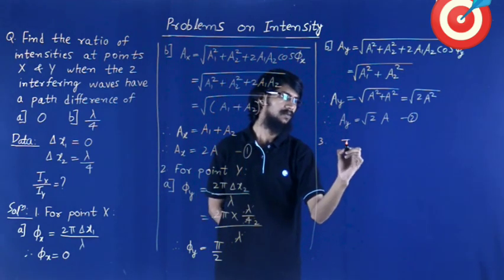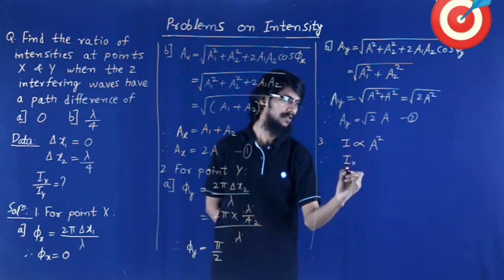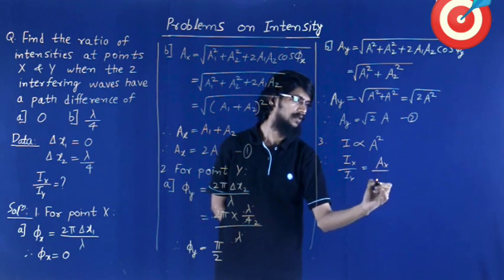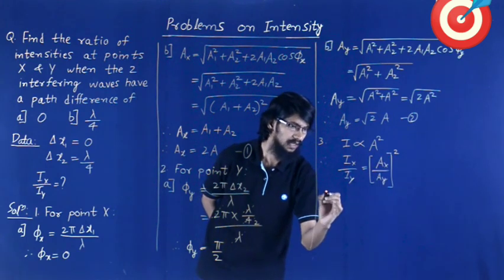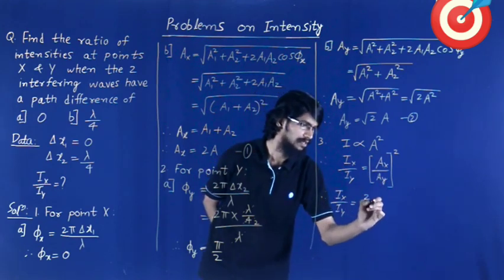Now we know I is proportional to a square, therefore Ix upon Iy would be a at x upon a at y, the whole square. And we know the values. Ix upon Iy is equal to, ax is what? Twice the amplitude.